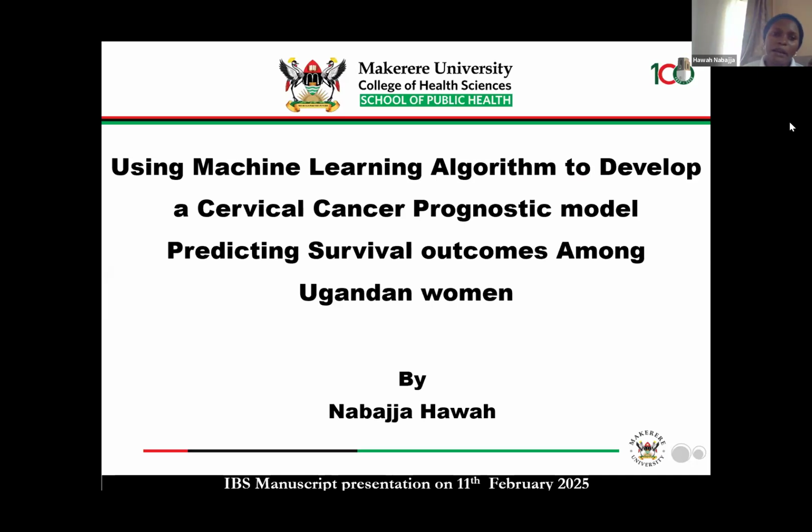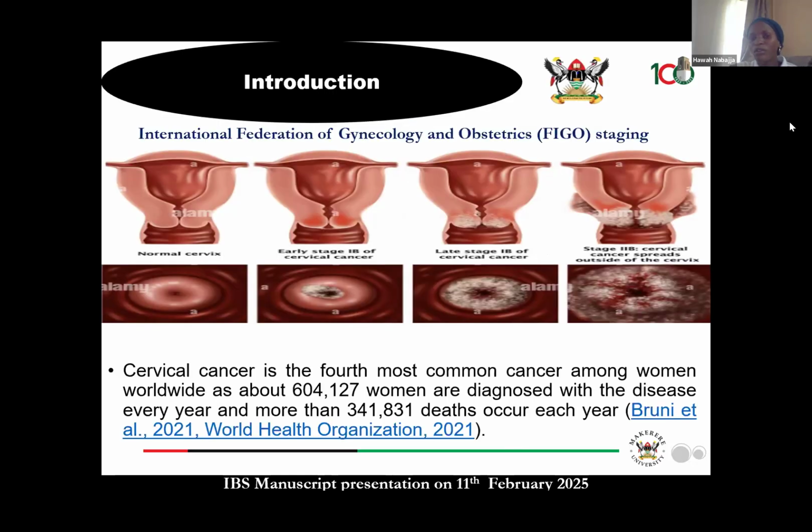I'm going to be presenting my paper titled Using Machine Learning to Develop a Cervical Cancer Prognostic Model Predicting Survival Outcomes Among Ugandan Women. We all know that cervical cancer is the cancer of the cervix, whereby abnormal cells start to grow on the cervix.